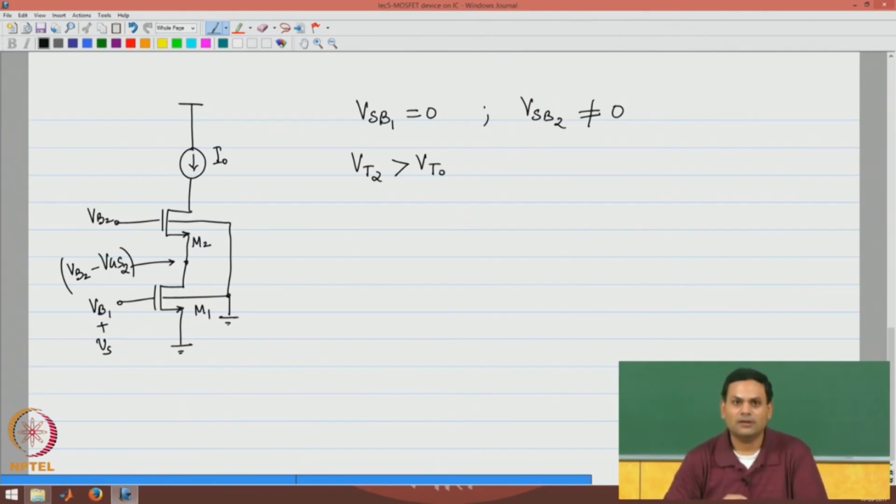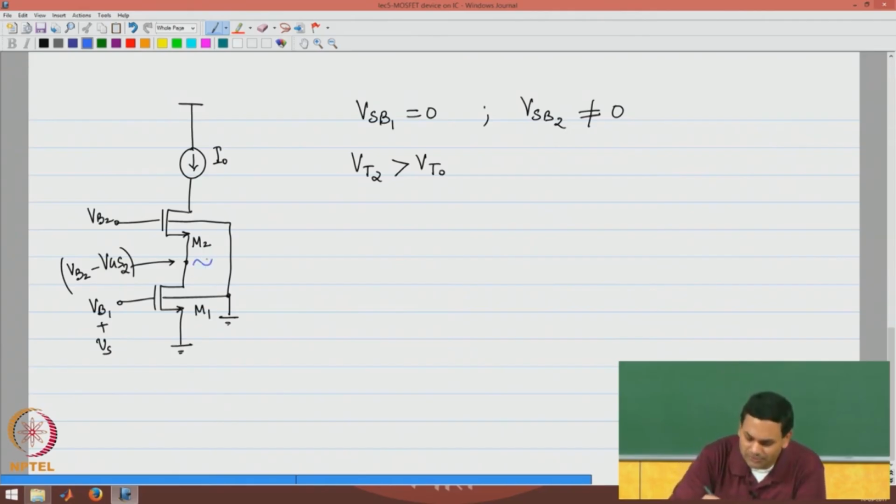Now, there is one more thing to keep in mind. The minute the source and bulk are not connected together, we should also look at a different aspect of this particular effect. Please note that the bulk is connected to ground, which is the lowest potential. So, normally the bulk is always at small signal ground, whereas the source voltage need not always be at small signal ground.